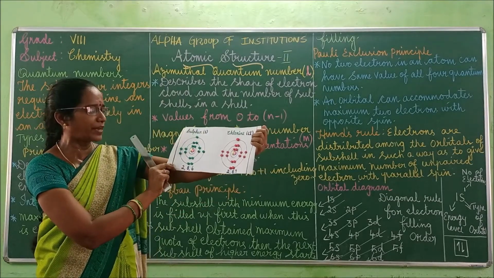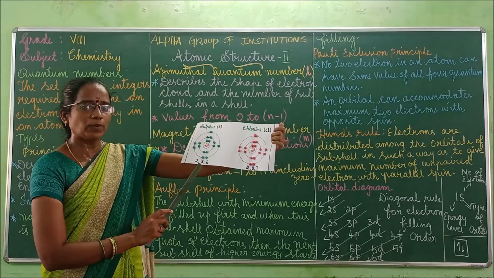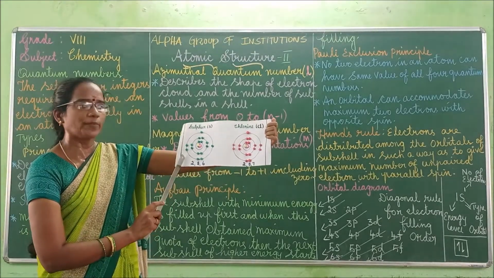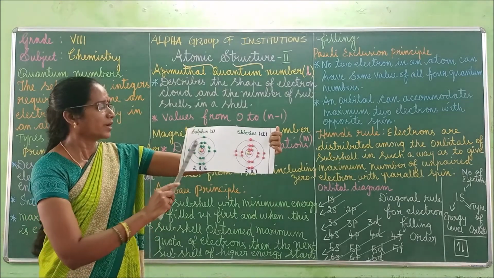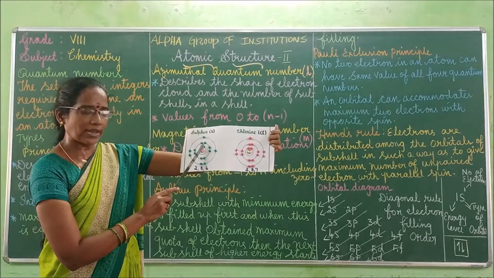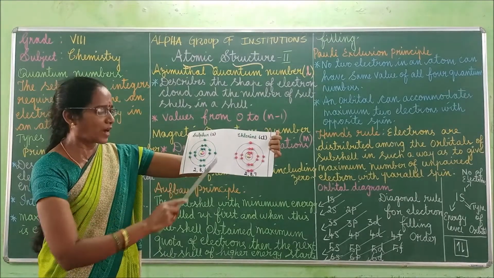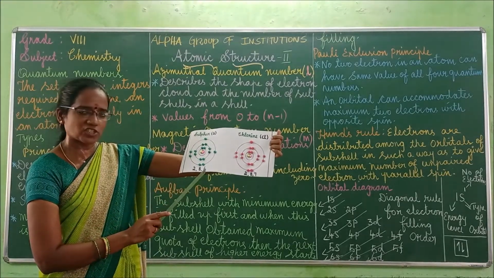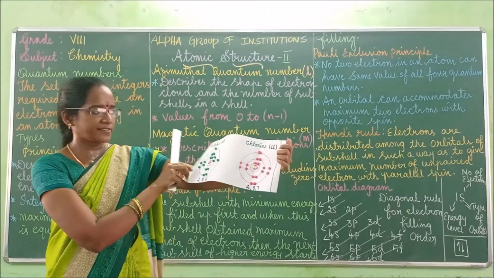Its atomic number is 6 plus 2, 8 plus 8, 16. Atomic number is 16. Based on this, electrons revolve. So in the first orbit, 2 electrons. In the second orbit, 8 electrons. And in the outermost orbit, 6 electrons. So 2, 8, 6.